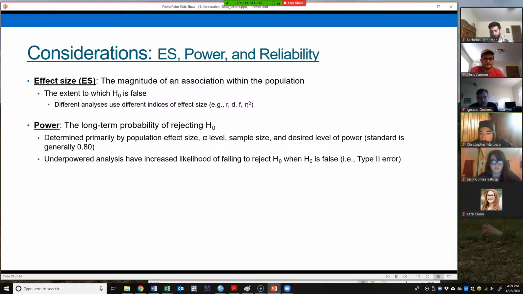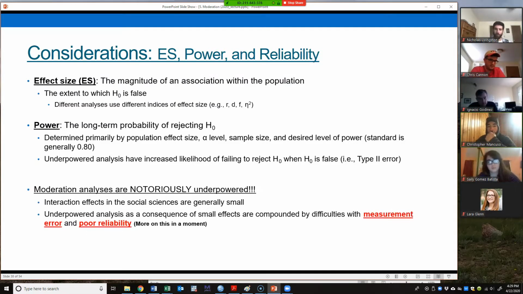Power is determined primarily by our effect size, alpha level, sample size, and the desired level of power. What we should probably be more concerned about in our field is underpowered analyses, which give us type 2 errors, the likelihood of failing to reject the null when the null is actually false.